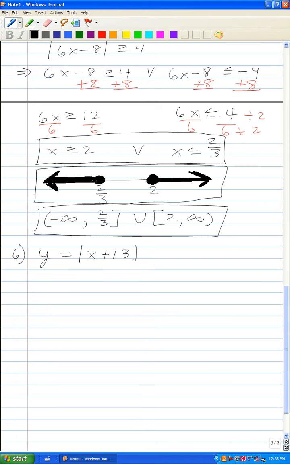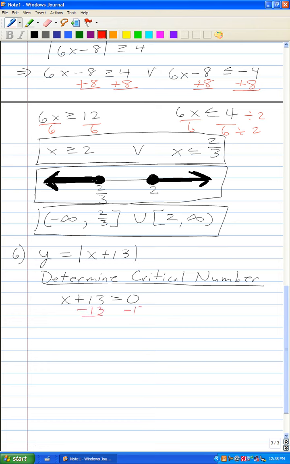So first let's find my critical numbers. Let me set x plus 13 equal to 0. Subtract 13 from both sides of my equation. So x equals negative 13.